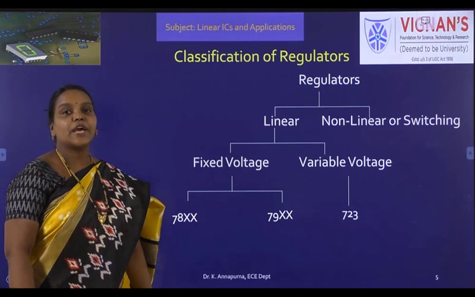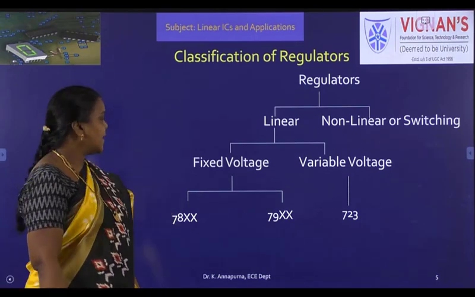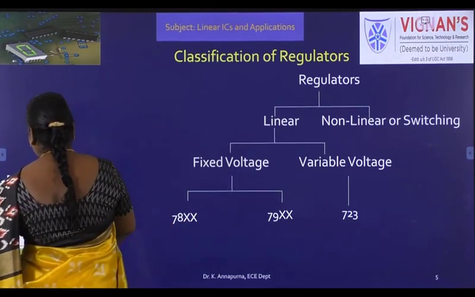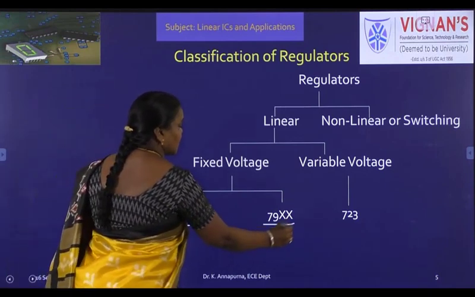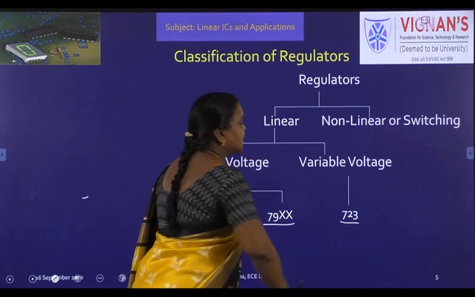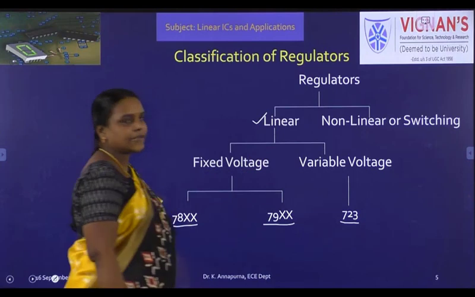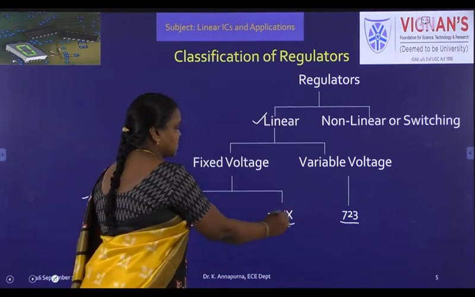In linear we have two types, fixed voltage and variable voltage. In fixed voltage we are going to study two types, the 78 series and 79 series. Similarly, for variable voltage, the general purpose regulator 723. In our syllabus we have linear regulators, so we are going to study these three regulators.